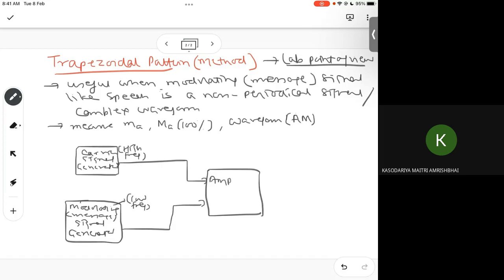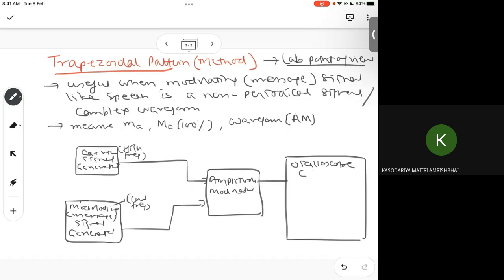We will understand slightly later how the amplitude modulator works. And then we have the oscilloscope, also called the cathode ray oscilloscope, CRO. Here we see the pattern, which will be a trapezoidal pattern. This output is my AM signal, which I get after the modulator.